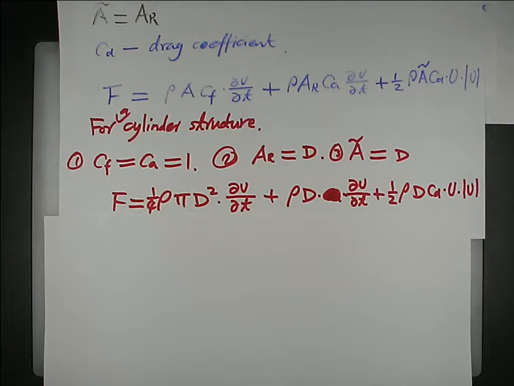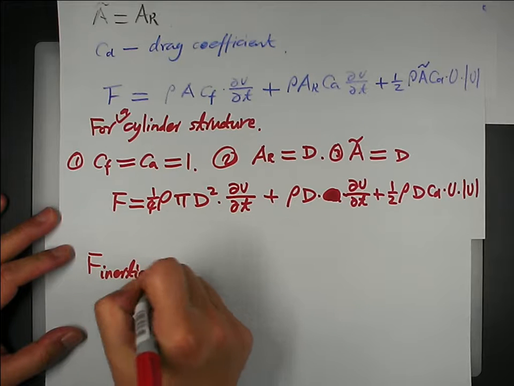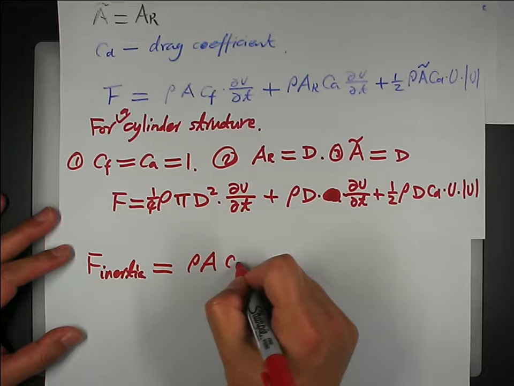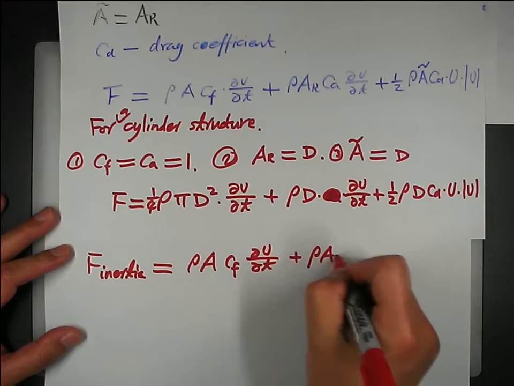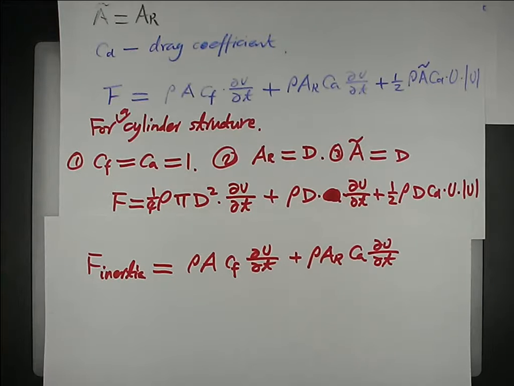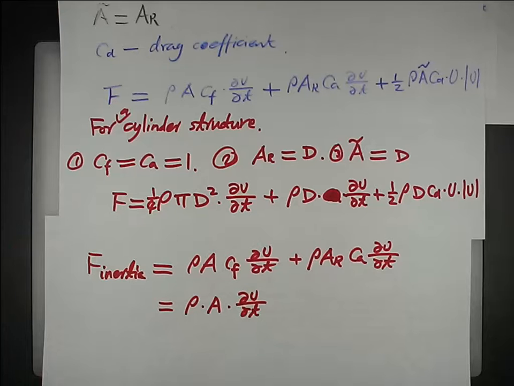But for a general structure, okay, the inertial force is rho A CF delta U delta T plus rho AR CA delta U delta T. Okay. Then if we assume, we can take A out. We can take rho A delta U delta T out. Okay.